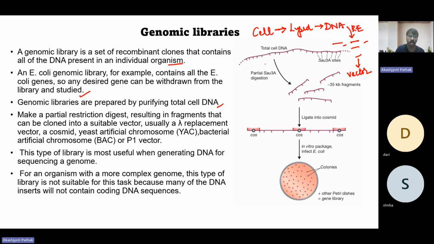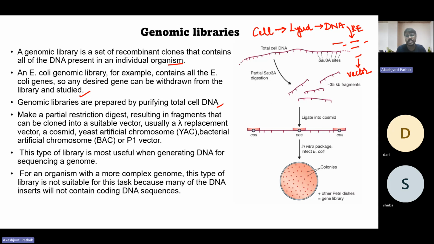Depending on which organism you have isolated the genome from, whether a human cell, a bacterial cell or a plant cell, you have to choose a particular vector. If it is a human genome that you have isolated, you cannot use a bacterial plasmid vector, because if you fragment the human genome, you will get large DNA fragments.